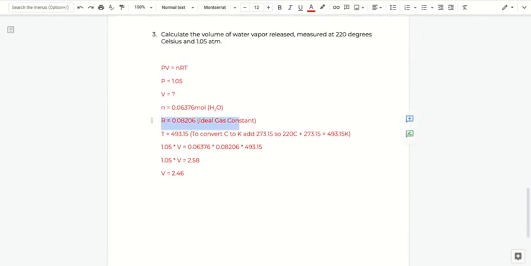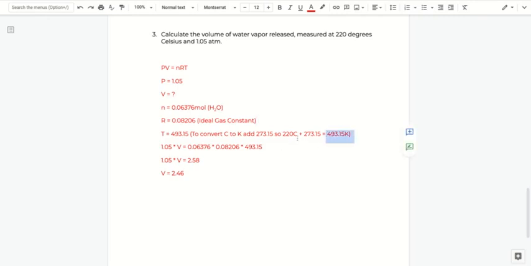And then here, this is the ideal gas constant, which is always the same for every equation, so that's right there. And then temperature is given in Celsius, but to convert Celsius to Kelvin, you have to add 273.15. For all Celsius to Kelvin conversions, you just add 273.15.